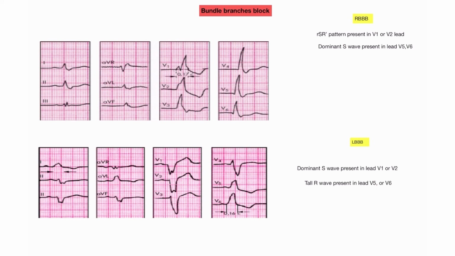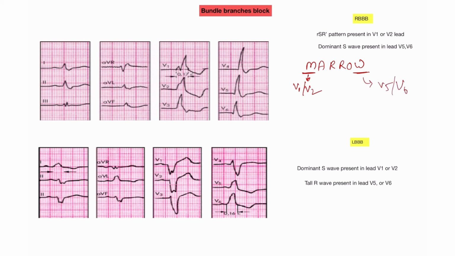So I will write the trick. In right bundle branch block, you will learn the trick MARROW. M-like pattern appears in the V1 or V2 lead, and W-like pattern appears in the V5 and V6 leads.